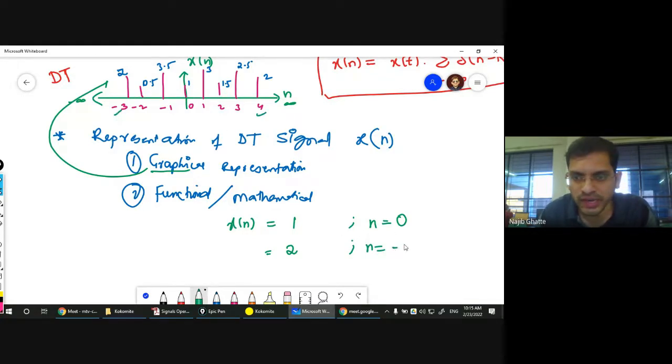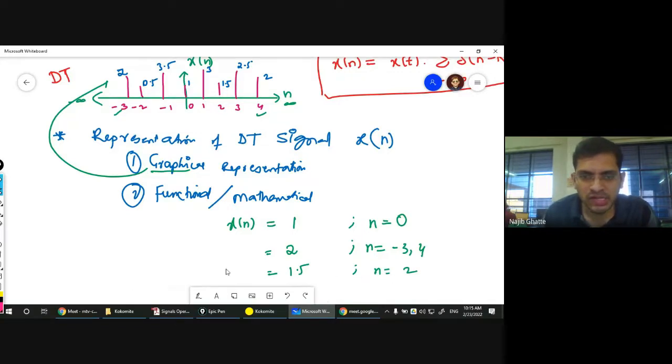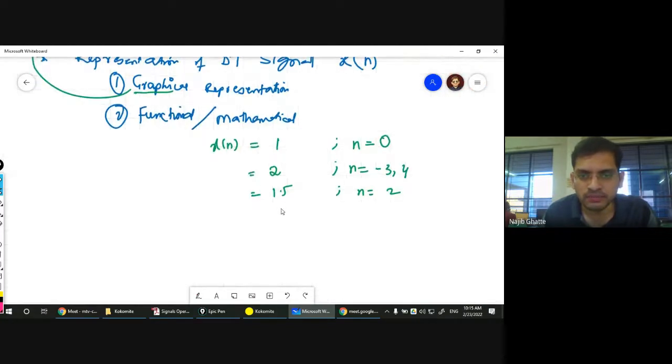It is equal to 1.5 when n is equal to 2. Understand what I'm trying to say? On the same lines, we are going to complete this entire table, listing that this is equal to this at this value. So this is what we call a functional or mathematical representation.